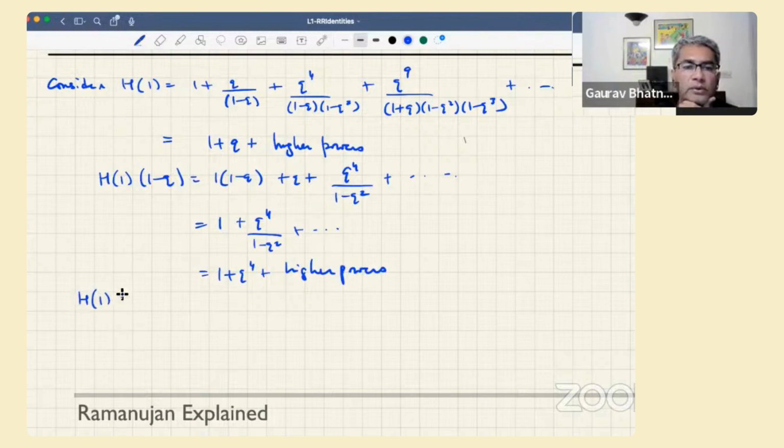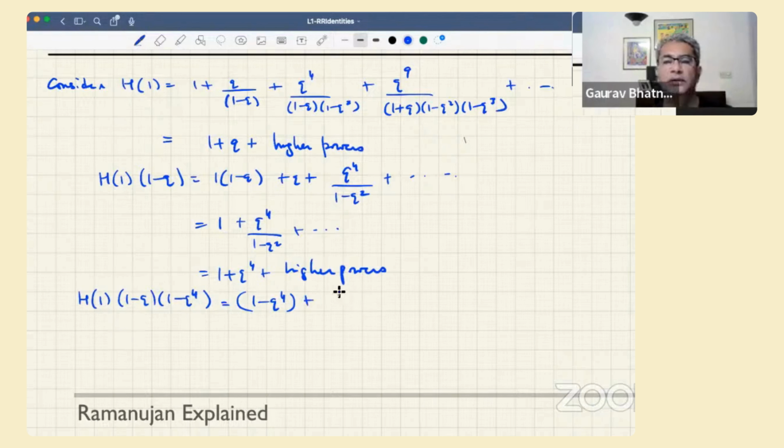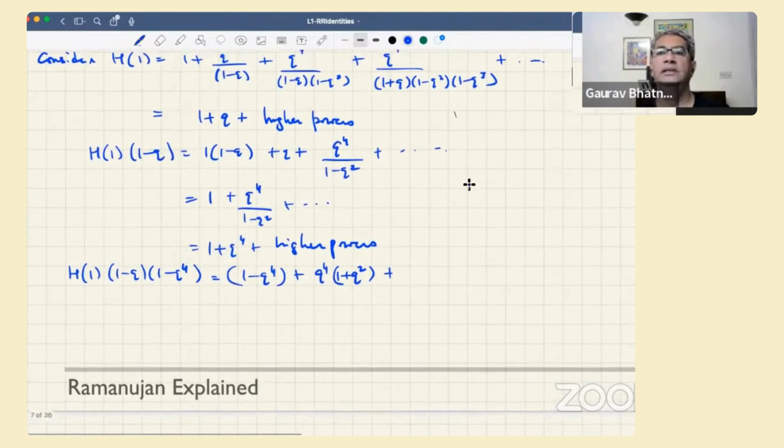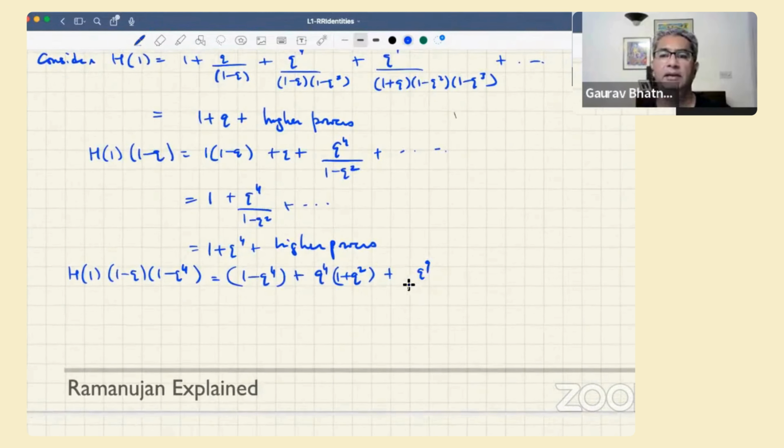So the next one I multiply is 1 minus Q raised power 4, and I'll get 1 minus Q raised power 4 plus, so here I'll get Q raised power 4. So 1 minus Q raised power 4, I'll multiply, I'll get 1 plus Q square. And here I will get the third term is Q raised power 9 over 1 minus Q had already cancelled, 1 plus Q square, and there's a 1 minus Q cubed plus whatever.